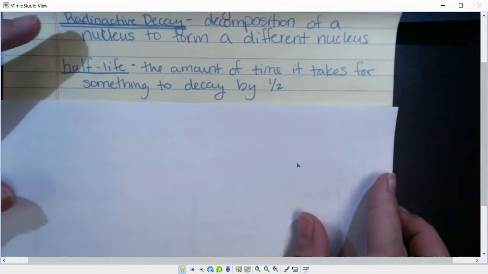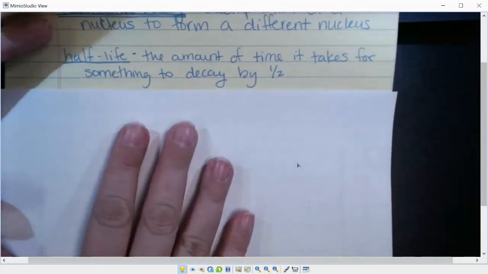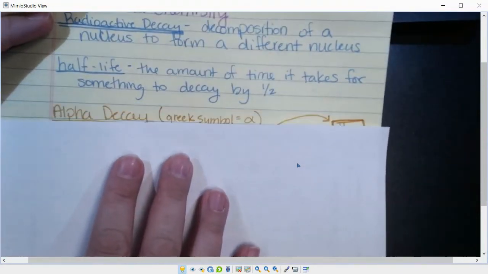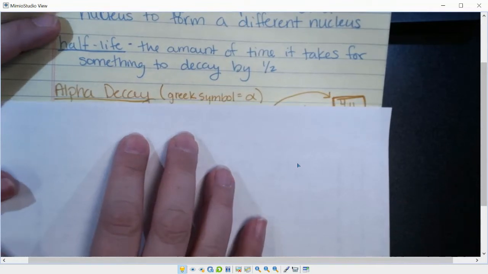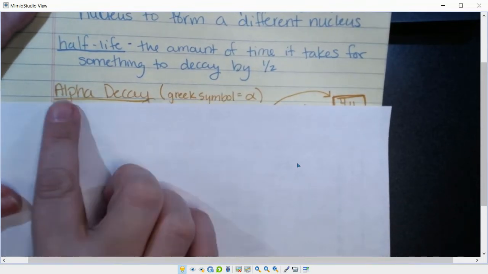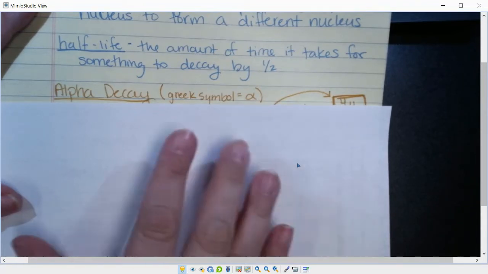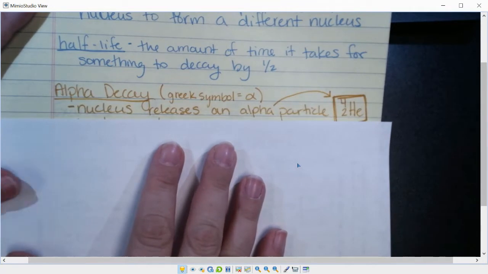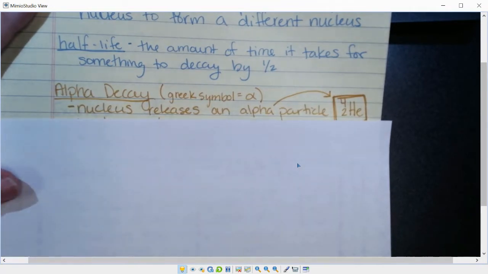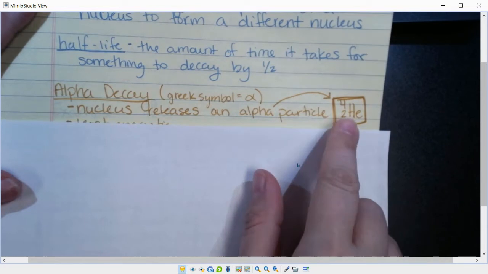There are 3 types of decay we need to define. The first being alpha decay. Sometimes alpha decay is represented with the Greek letter for alpha, which is this funny looking symbol here. In alpha decay, the nucleus releases an alpha particle, represented by this symbol.